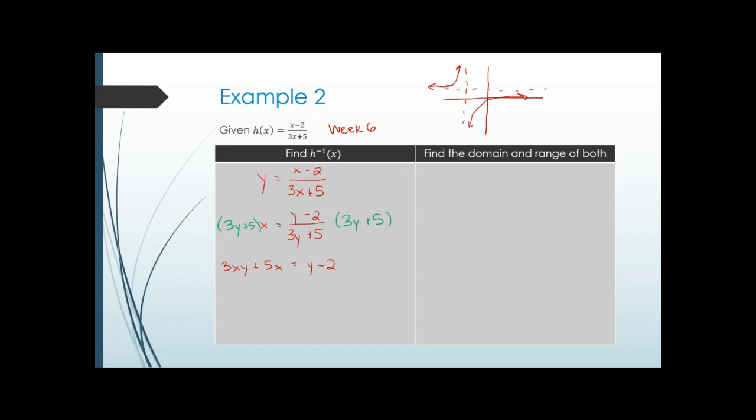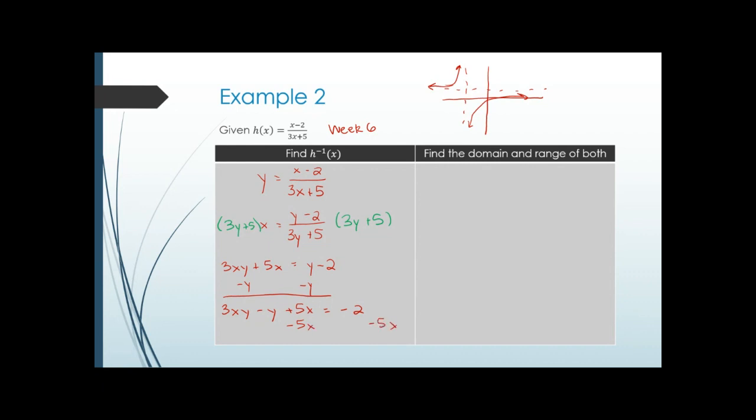Now, if I want to solve for y, I need to get everything with y on the same side. So I'm going to subtract y from both sides. This gives me 3xy minus y plus 5x equals negative 2. And now I'm going to move what does not have a y to the other side.